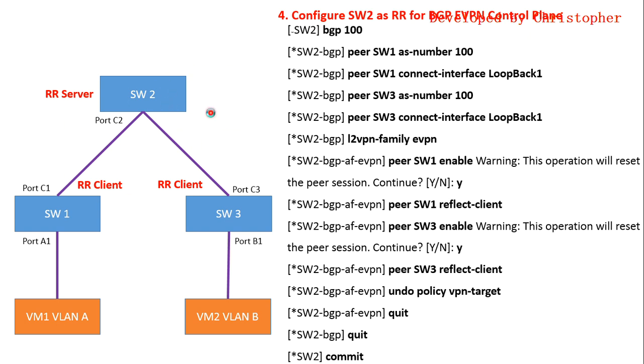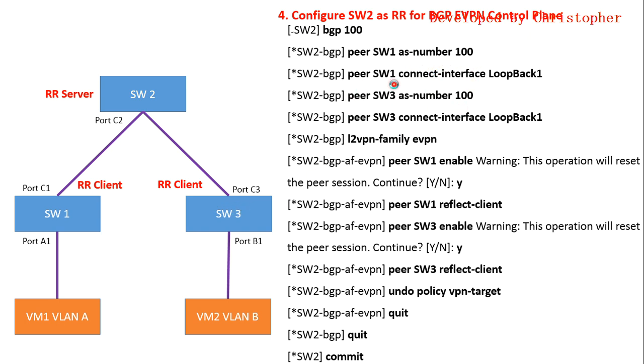So as you can see, we configure switch 2 as the server, our server here, BGP 100. Because of BGP EVPN, definitely we will run BGP. Okay, the BGP protocol is enabled, BGP with process number 100. And then the peers SW1 and SW3, we are in the same autonomous system 100.